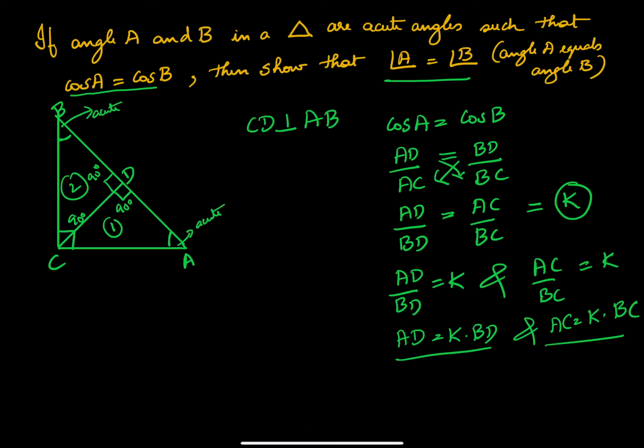For this triangle, which is ACD, the Pythagoras theorem would be AC square is equal to CD square plus AD square, and for this triangle, which is CDB, the Pythagoras theorem would be BC square is equal to CD square plus BD square. So we have this information.